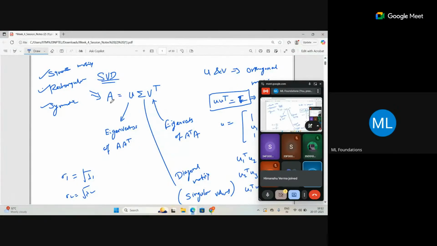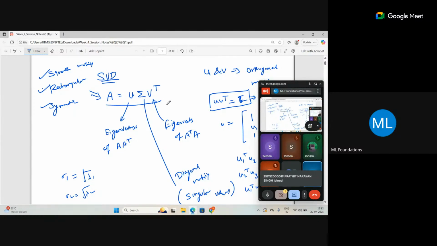Generally, SVD is a decomposition, so any matrix A can be decomposed into three matrices: U, sigma, and V transpose.